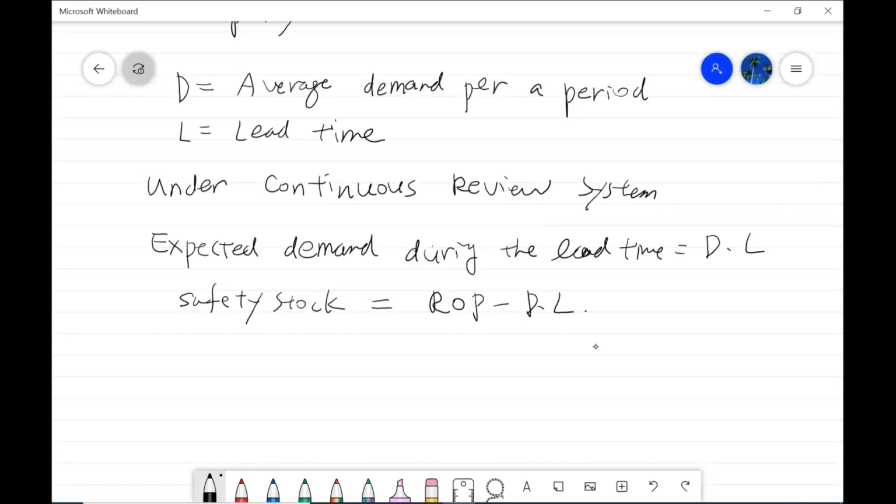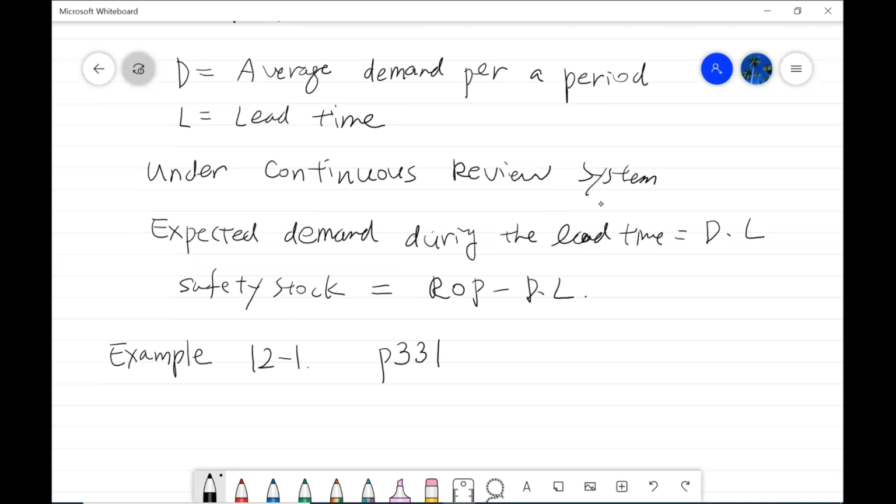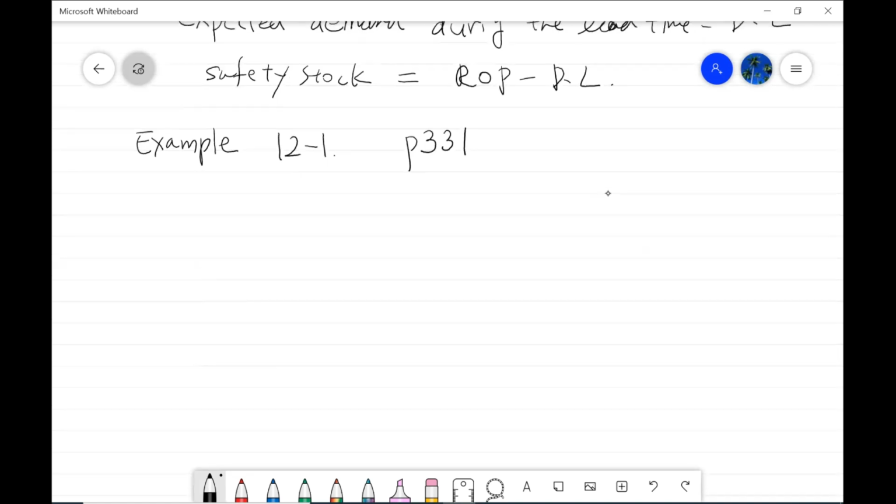Let me have an example. This is an example from the textbook, example 12-1, page 331. The given information is that the average demand of this company is 2,500 per week.